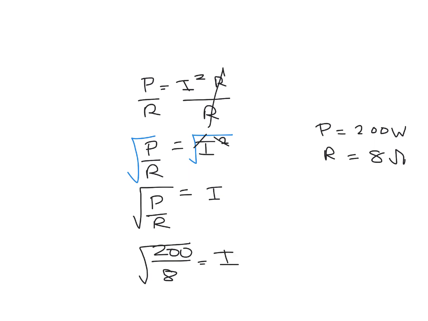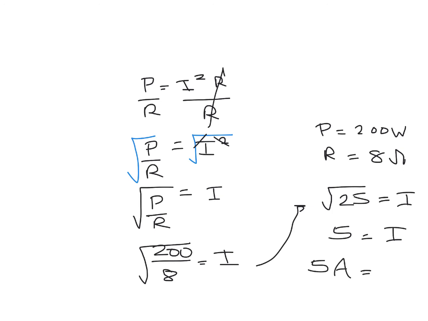If your thinking cap's on, the current should be equal to 5. Let's see why. 200 divided by 8 is going to be the square root of 25. The last step, 5 is the value, so 5 amps would be your current.